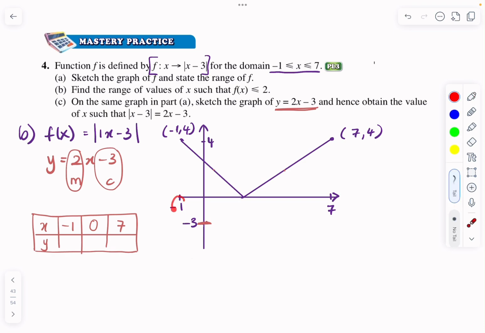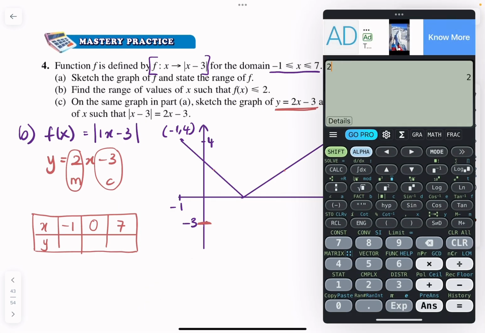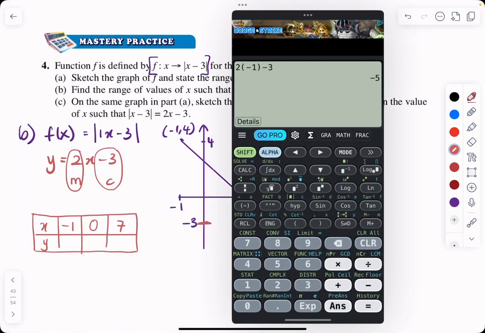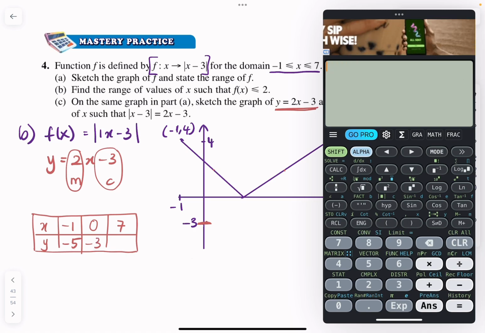Let's put all these values into the equation. 2 times negative 1 minus 3, we get negative 5. 2 times 0 minus 3 is negative 3. 2 times 7 minus 3 is 11.